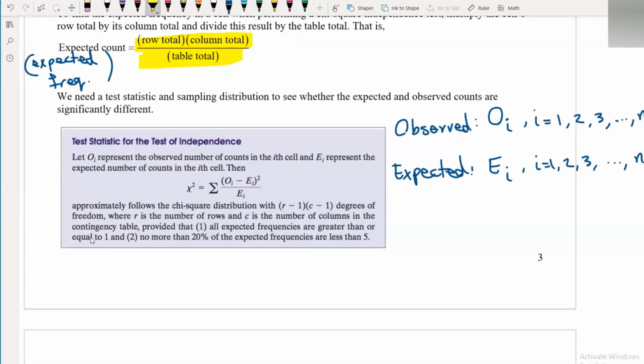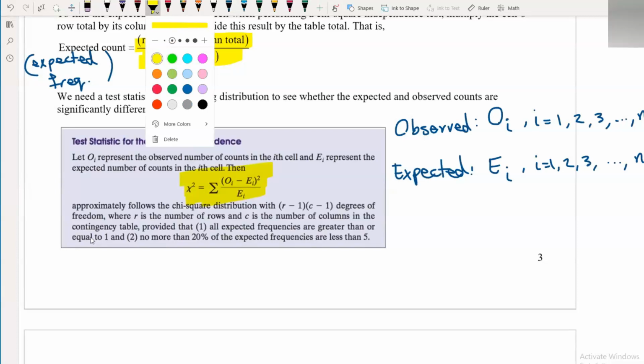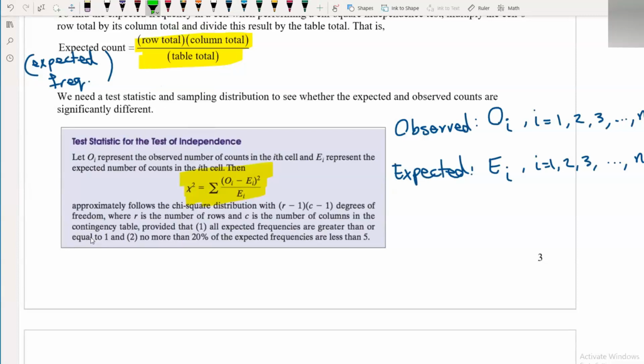So here is the formula to find chi-square, and how we can find degree of freedom, because we said the shape of this distribution depends on what our degree of freedom is. We find that as row minus 1 multiplied by column minus 1, that is degree of freedom.